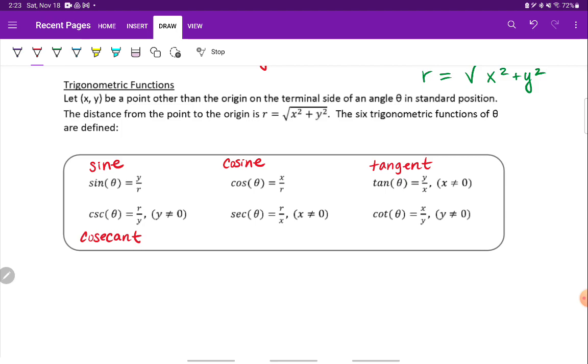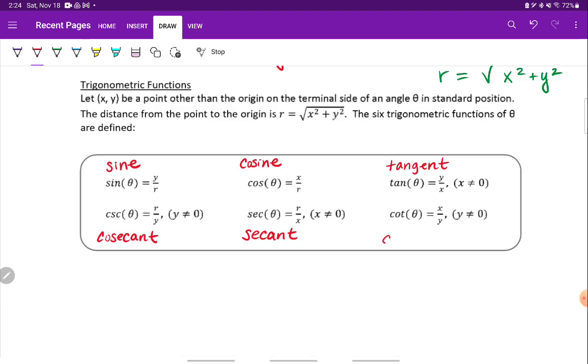Our fifth function, abbreviated SEC, is secant. Secant of theta is defined to be r over x, where x is not equal to 0. And then our last function, this is cotangent. Cotangent of theta is equal to x over y, where y is not equal to 0.